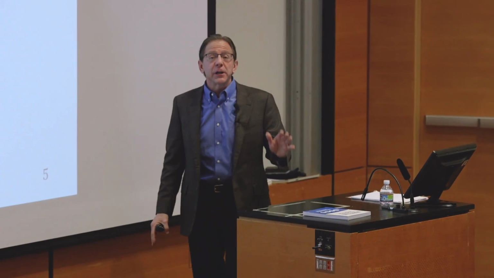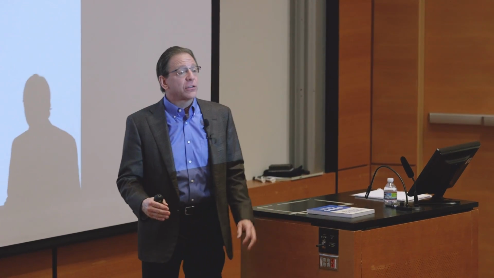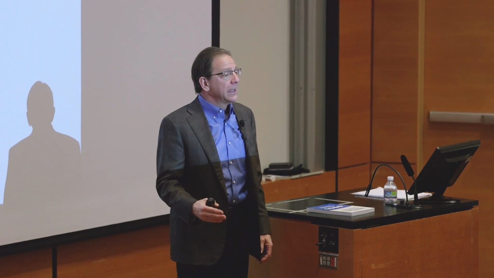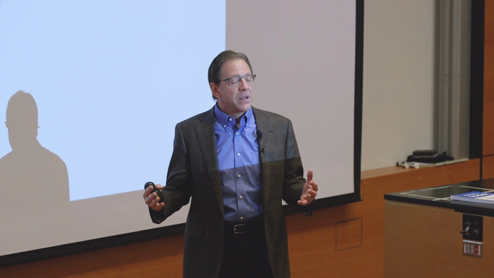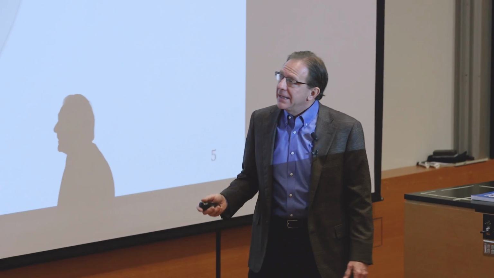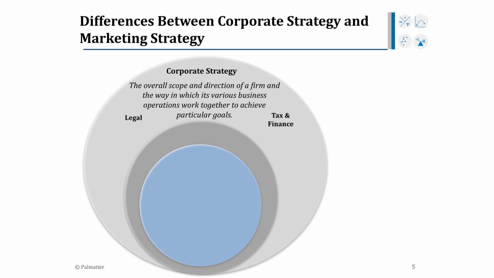A question that often comes up is, how is marketing strategy different than corporate strategy? Very often in management departments, they have a corporate strategy. What's the difference between the two? If we look at it, this big circle is corporate strategy. And here's a standard definition that they often use for corporate strategy.